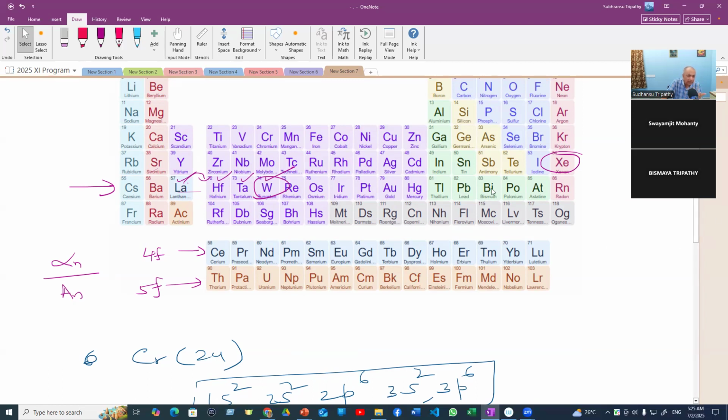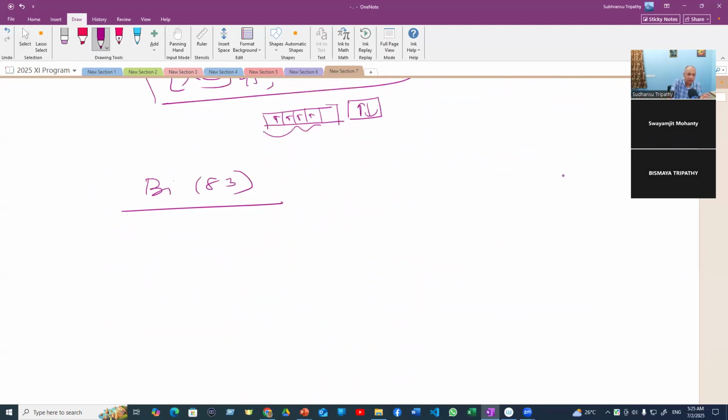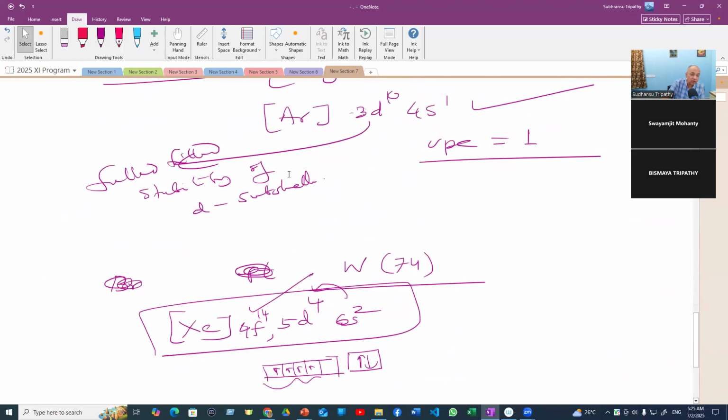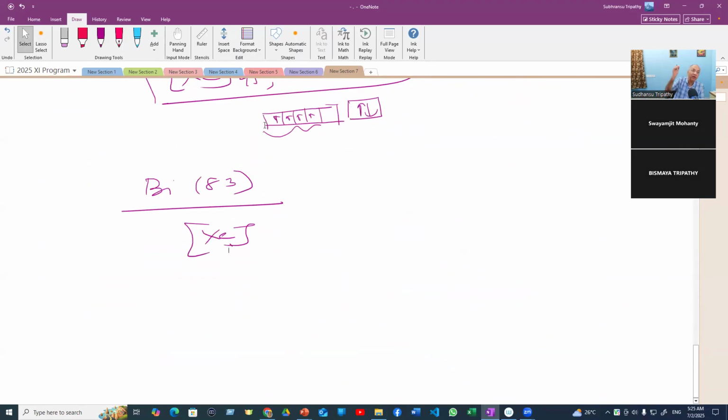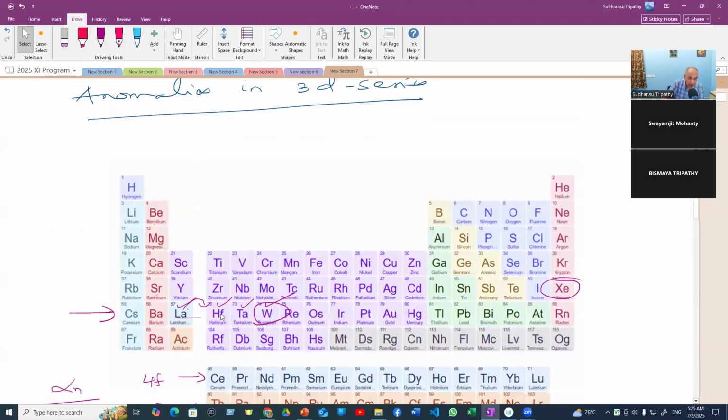If you don't remember that, then you cannot remember the noble gas coming before it. But once you remember xenon is coming, start with xenon configuration. Otherwise, if you do not remember the position of bismuth in the periodic table, then you count up to 83 and follow the Madelung's rule. No harm about it. So this will be 6s2, 4f14, 5d10. You have already walked over these entire 10 elements.